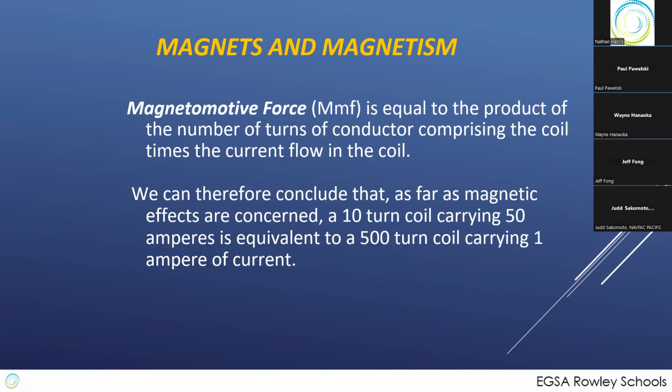You talk about electromotive force, there's also magnetomotive force. It's the product of the number of turns of conductor times the current flow in the coil. And here's the thing, you can make a 10-turn coil carrying 50 amps, or you can make a 500-turn coil carrying 1 amp. And depending on what type of motor or generator you're doing, you might do one or the other.